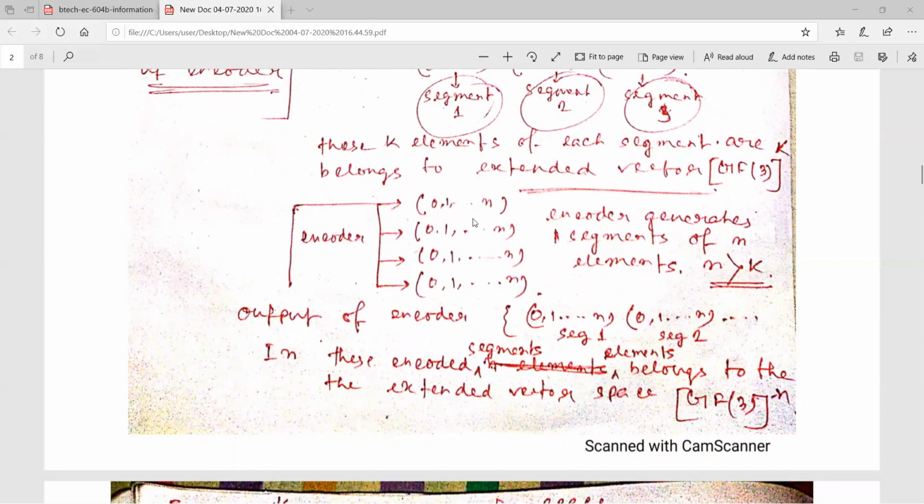Similarly, at the output of the encoder, we have generated an encoded sequence. These are also segments, segment 1, segment 2 and segment 3, and each segment consists of n number of bits. These segments are also defined in the Galois field, or finite field.